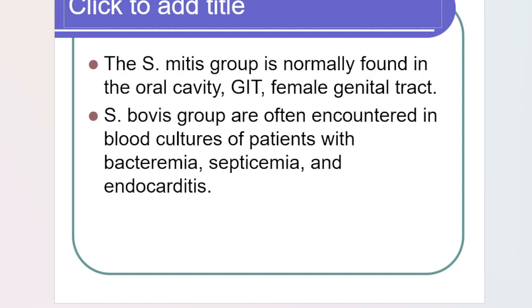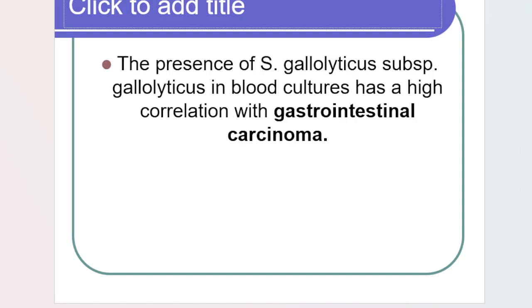Even si Group B, si agalactiae, kaya nga pwede siyang mag-cause ng neonatal Group B Streptococcus infection. Si bovis naman, mga blood culture. So, it means it may lead to sepsis, bacteremia, septicemia, and endocarditis.